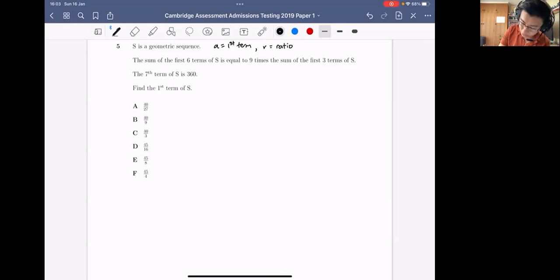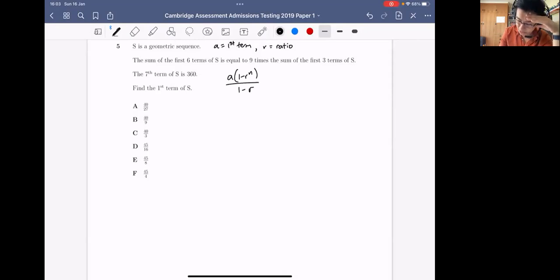And I believe the formula for the sum of n terms is something like this. Maybe it's this instead. Let's go with this and see what happens.